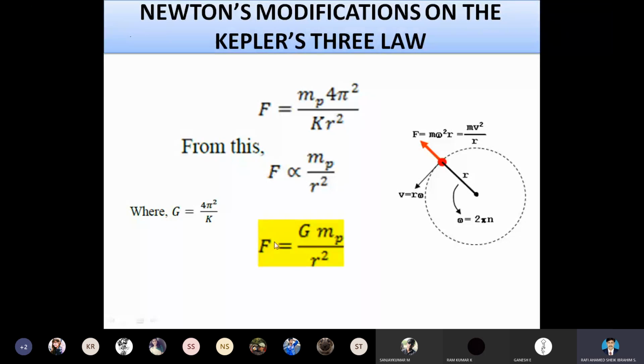So from this formula, we can find the force or the mass of the planet. It's an important formula, and with it we can solve some problems.